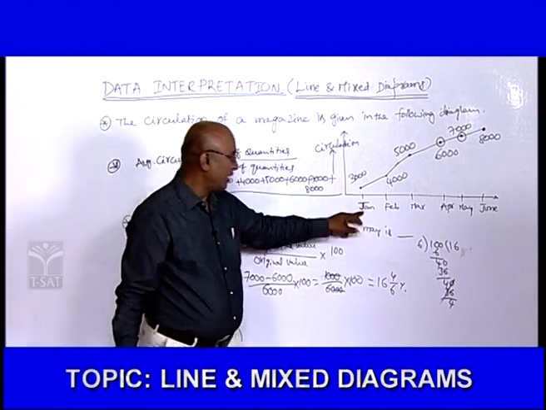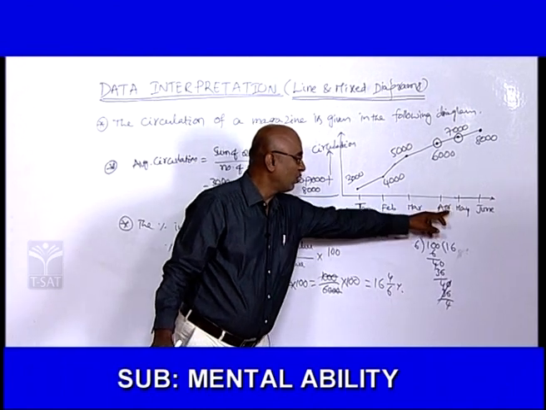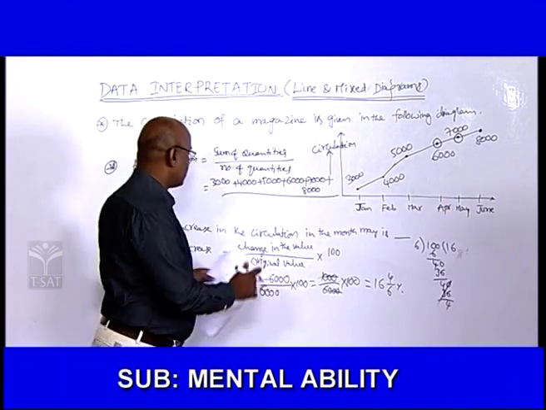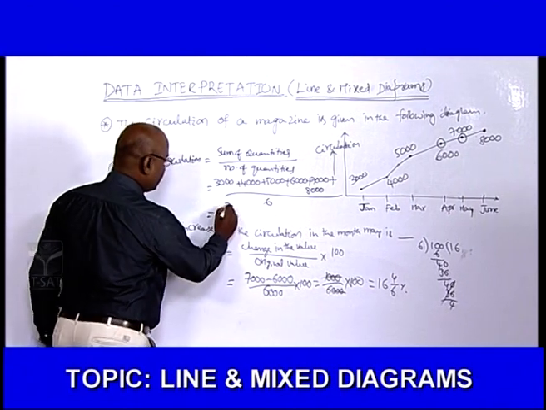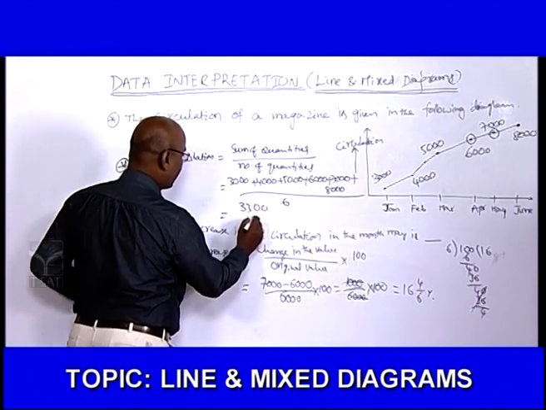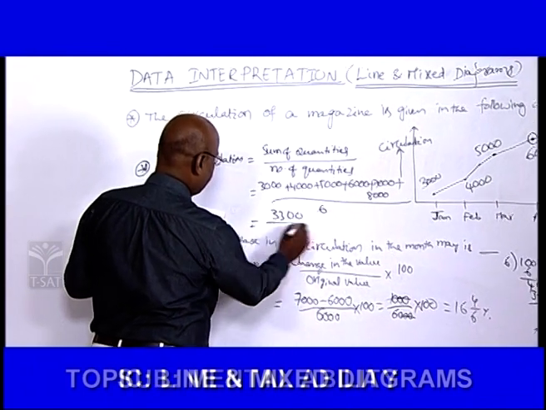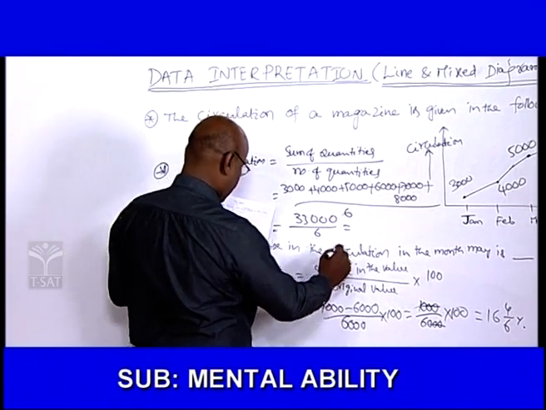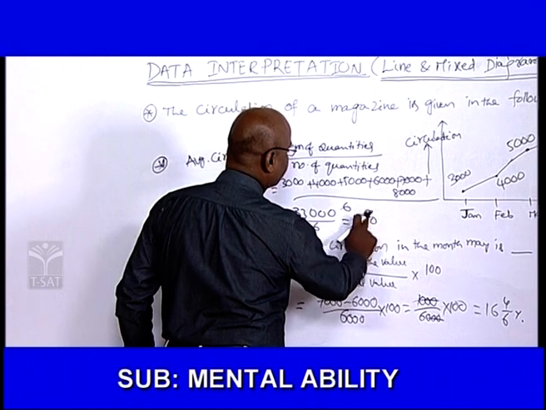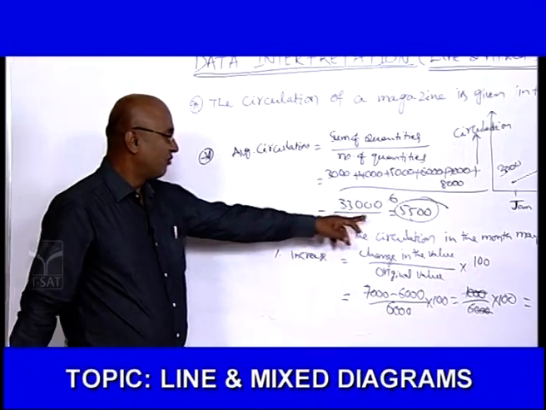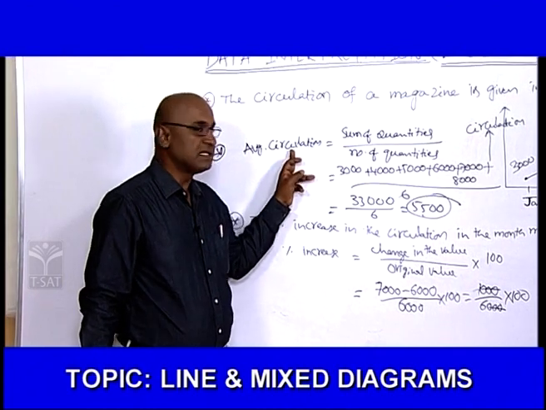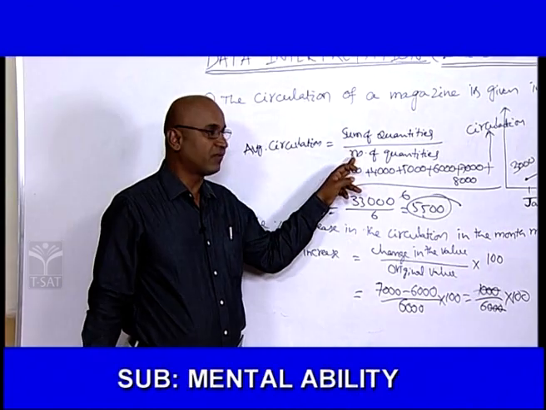How many? 1, 2, 3, 4, 5, 6. So that is equal to 6. Now the value is 33,000. 33,000 by 6, it is equal to 5,500. So the average circulation of the magazine is 5,500. Average is equal to sum of quantities by number of quantities.